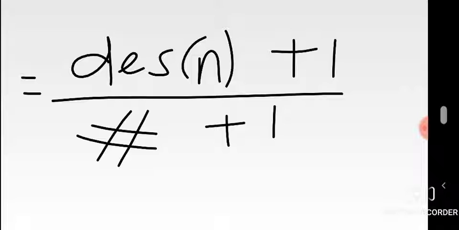Open brackets N. That N in the brackets, what does that mean? That N is basically the number of directors that one particular investor wants to elect. Because we're trying to find how many shares will be required. So that N stands for what? The number of directors that particular investor wants to elect.